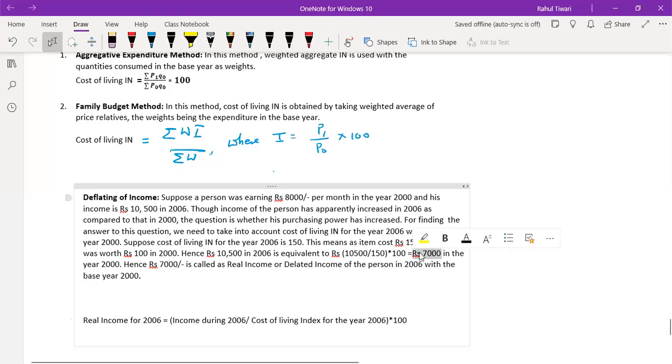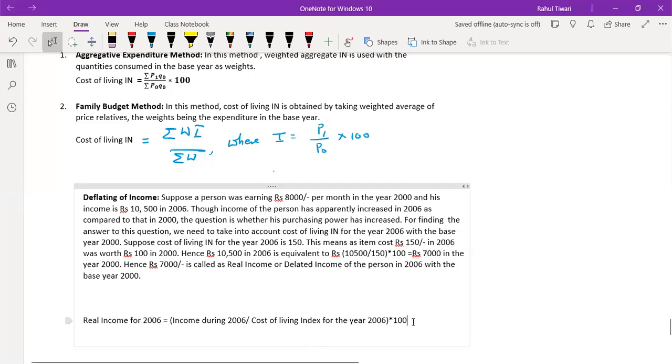It will be calculated as the current income divided by the cost of living index number, multiplied by 100. Okay, so this is one way to calculate it.